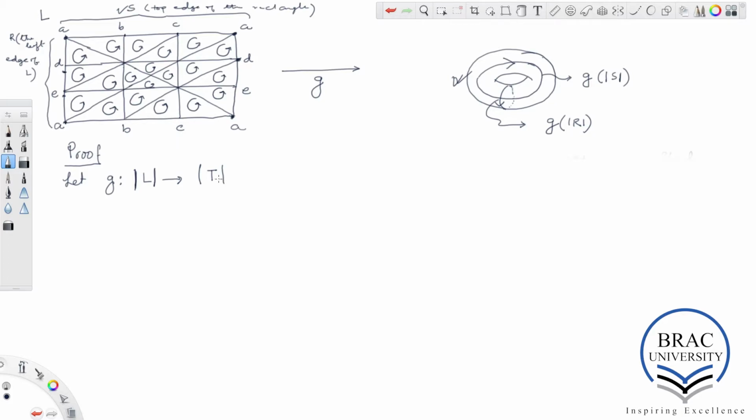Okay, and let this be the underlying gluing map.